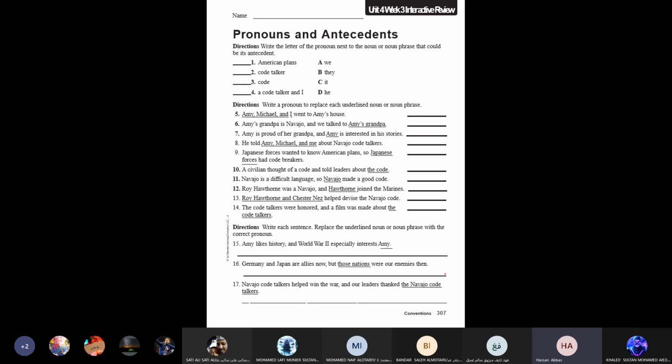Number five. You have an underlined noun phrase here, and we want to replace it with a pronoun. So no need to read the whole sentence, just read the underlined words.